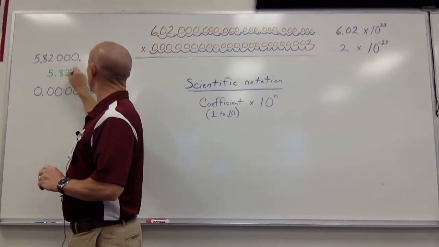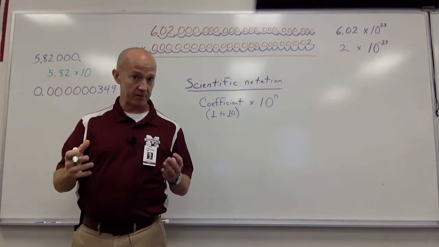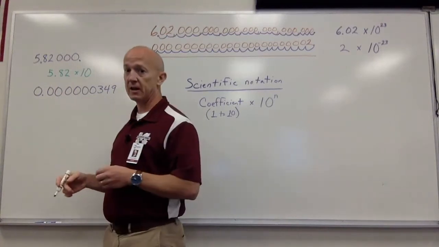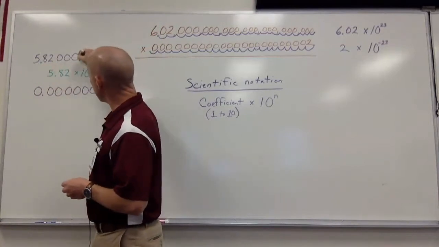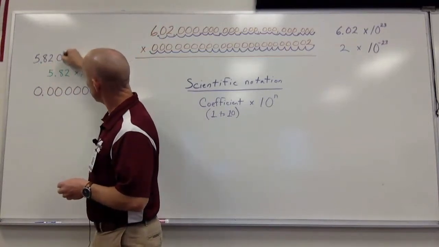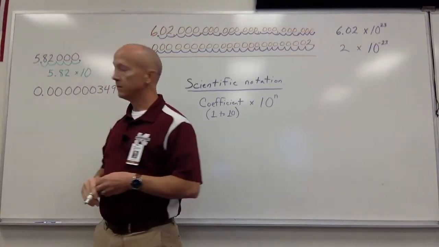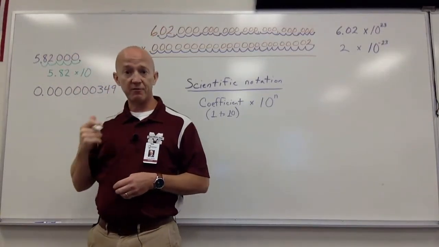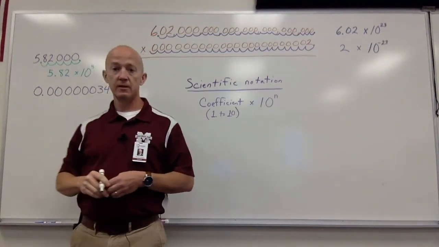5.82 times 10 to the something. Let's find out how much. We're going to go to the left 5 places. 1, 2, 3, 4, 5. Since we went to the left 5 places, that means we have 10 to the 5th power.